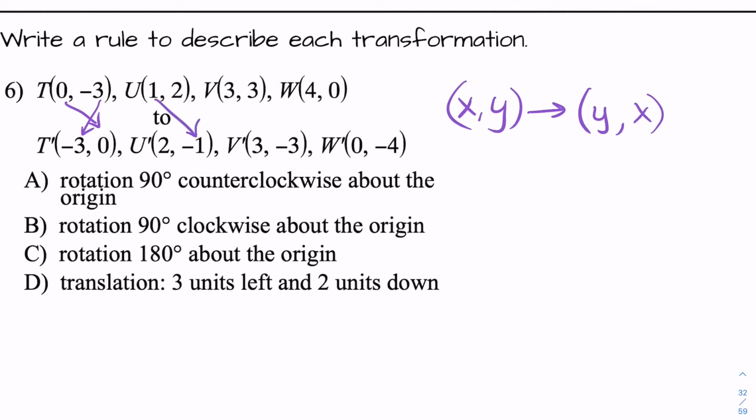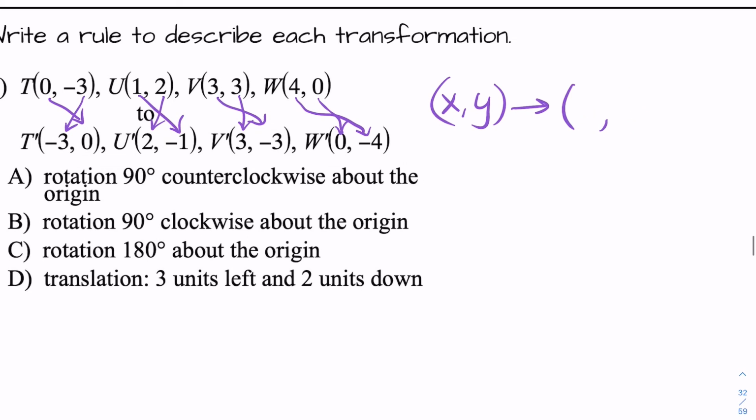Y goes here. Ooh, y becomes opposite. Look at this one, y becomes opposite. And look at this one, y becomes opposite. So we've got to be careful. Y became opposite. We weren't able to judge it because 0 is 0, but y is actually opposite, and x was staying the same.